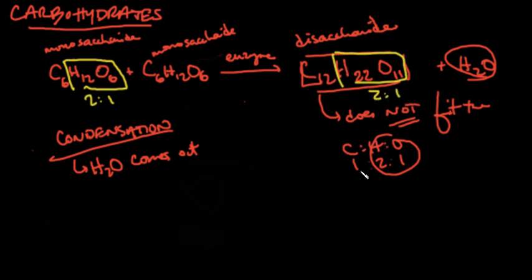So this ratio of carbon, hydrogen, and oxygen, 1:2:1, continues to get further off as you add more monosaccharides, but we always have a 2:1 ratio for hydrogens and oxygens. And that's key because that's not true for lipids, but it is true for carbohydrates, okay?